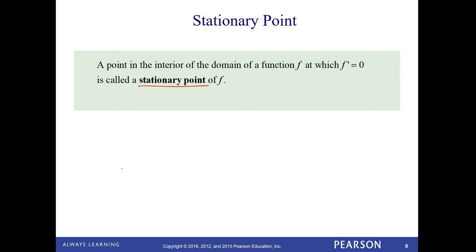Now this does not have to be a max or a min. I could have a function like x cubed, something like that, where there is a place where f prime is 0, and yet that's not a maximum or a minimum value, but it is a stationary point.